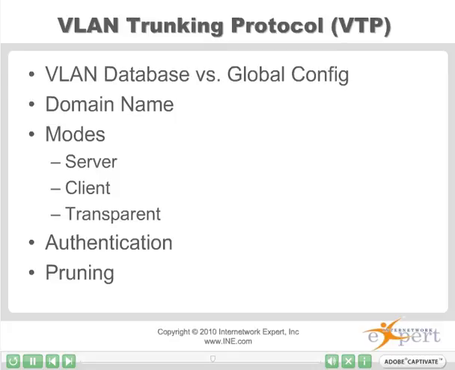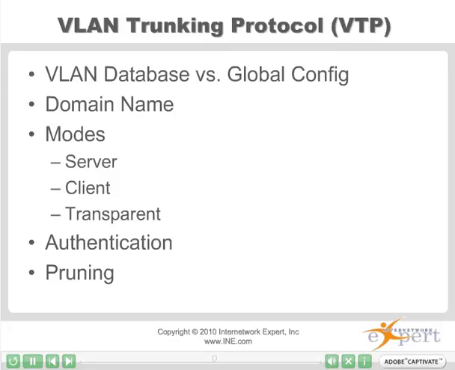The VTP server mode allows you to create VLANs. And sure enough, a Catalyst switch is going to default to this mode. We saw a moment ago in a demonstration where we created VLAN 100, rather inadvertently, by assigning a port to that VLAN. And sure enough, we were in the default server mode, and that's why we could create this VLAN on that device.